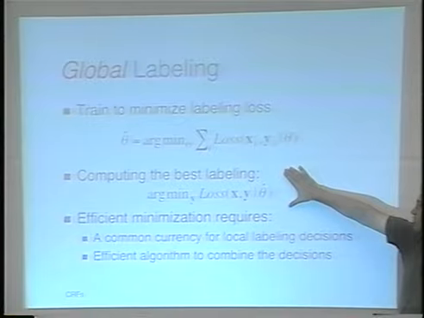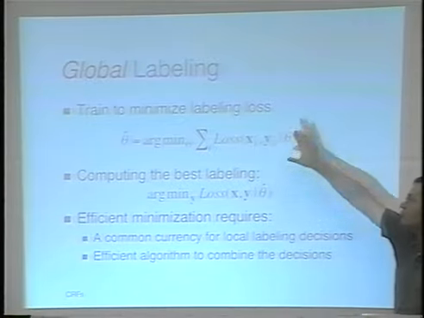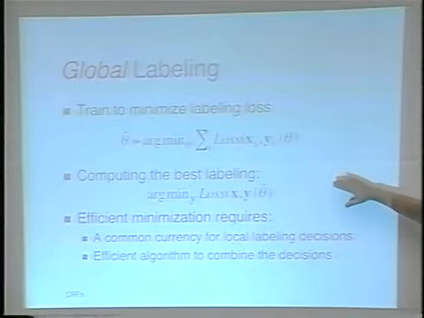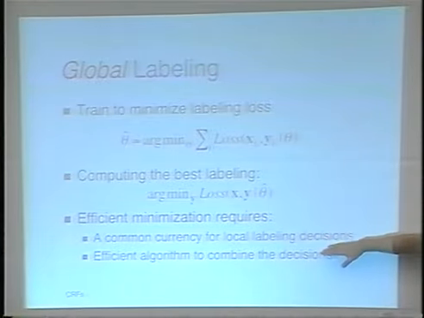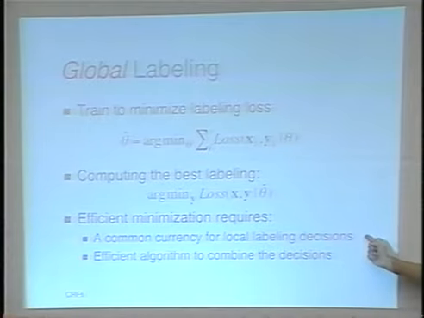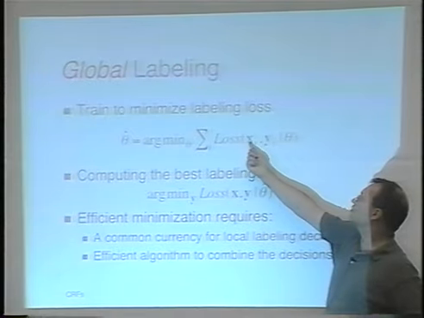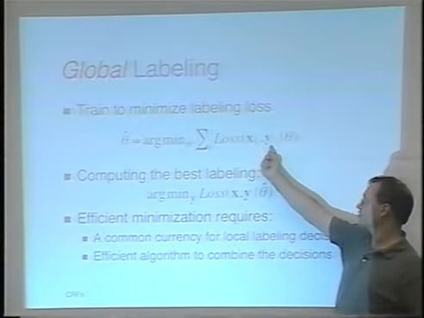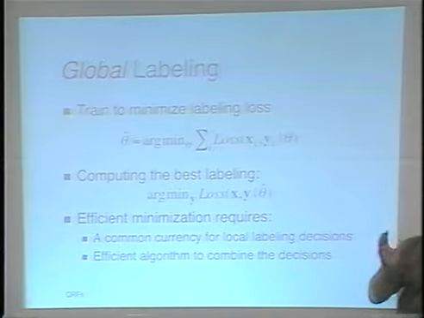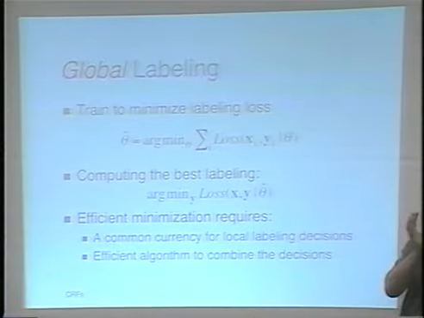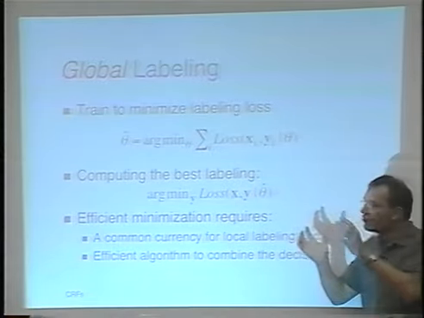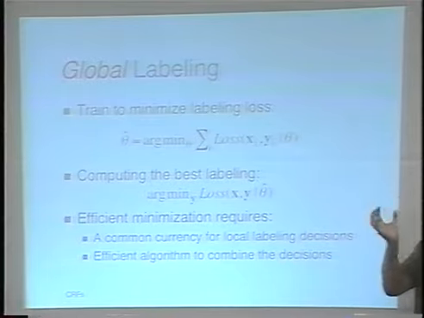Now, there are two things to note when you look at the problem this way. First of all, these objects here are sequences, and these objects here are sequences. Typically, when you're doing a sequence problem, you're going to be looking locally at parts of the sequence, and they are going to have a loss or judgments that you have to combine.